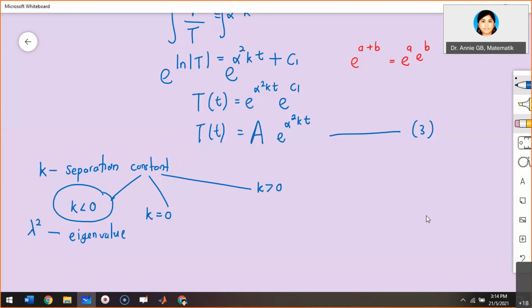You akan dapat constant saja kan? Okay, so this will not be an option at this case. But kalau k saya lebih besar daripada kosong, such as k equals to lambda squared kan? Cuba tengok equation ni. Exponent alpha squared lambda squared T.